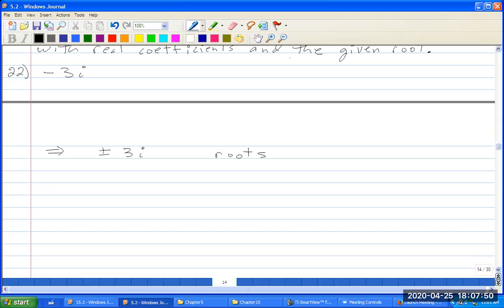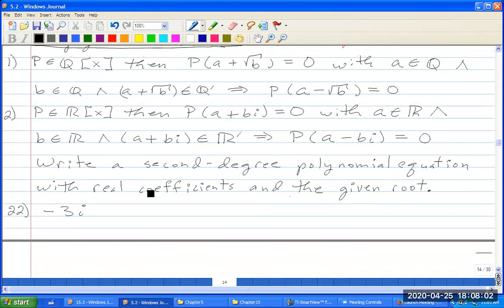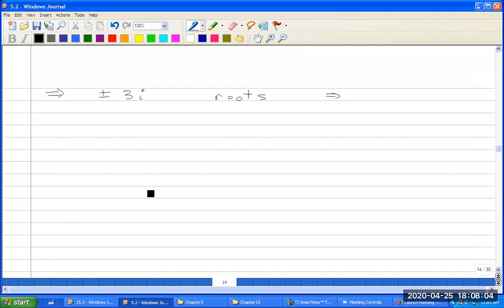And so my polynomial, I'm going to look at the minimal polynomial, has a form x minus 3i and x plus 3i.